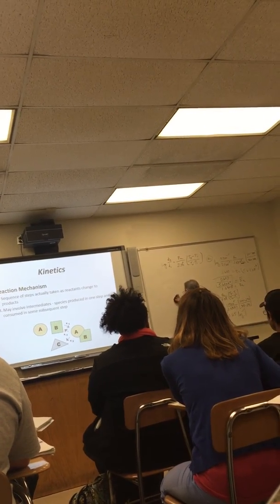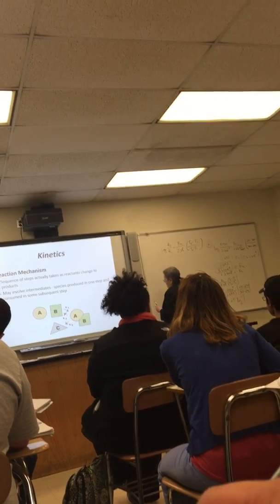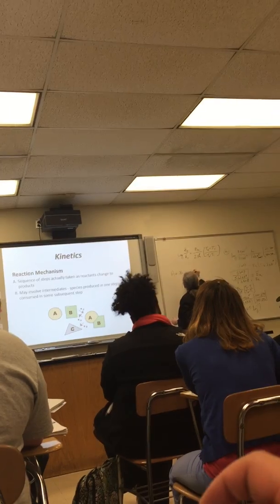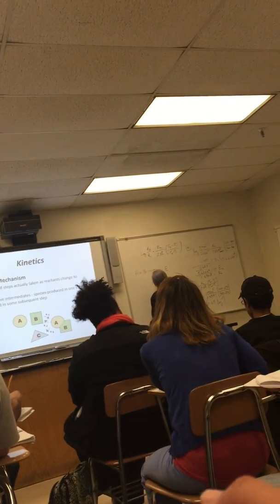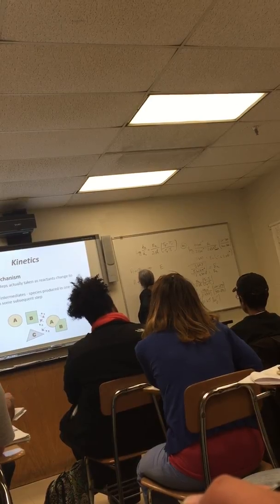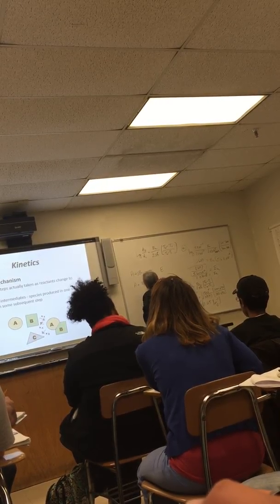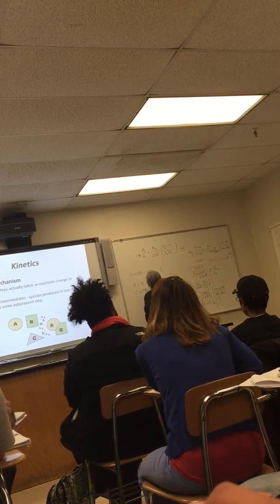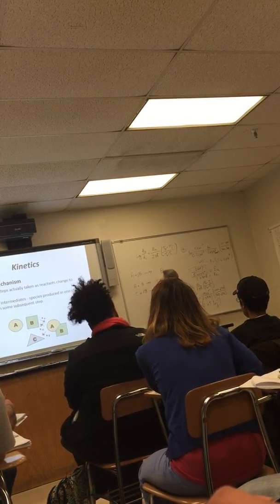And in general, if you have a reaction where you have to go from A plus B gives you E, sometimes it would go A plus B gives you C, and then C plus 2B gives you E. Whatever.